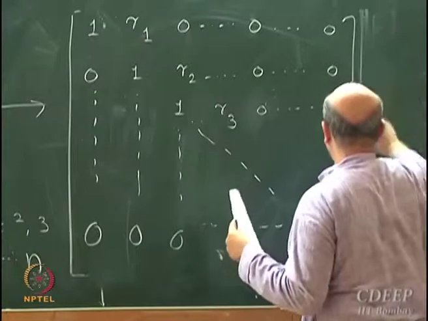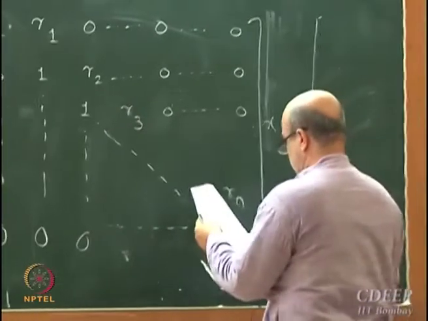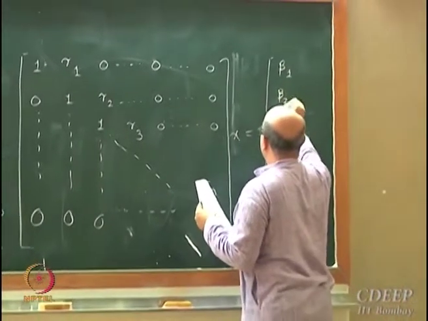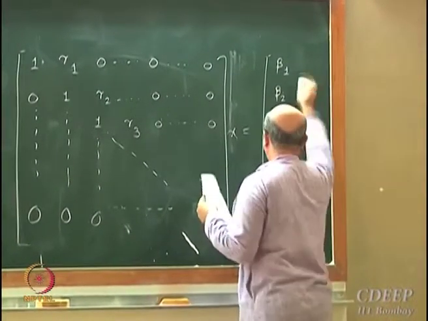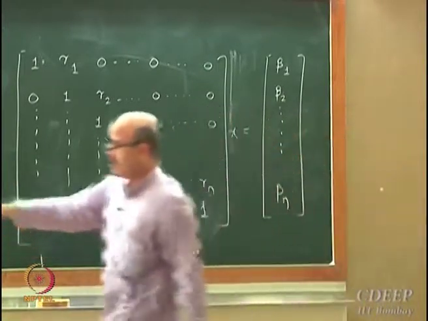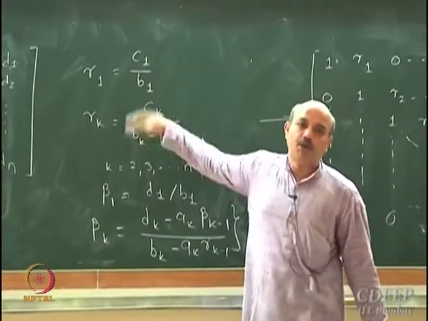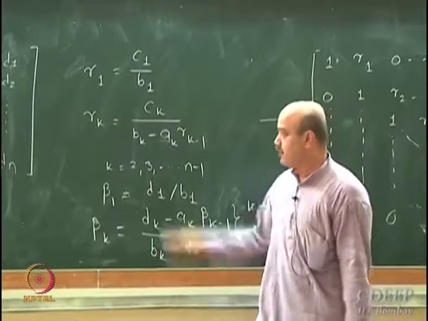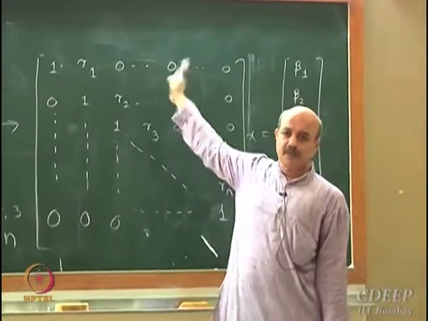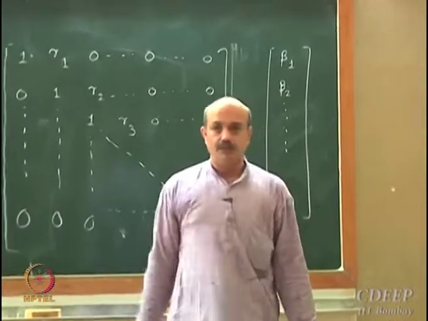Of course, you have the vector X here, and the right hand side is beta 1, beta 2, beta n. These equations written here are for computer implementation. You can put them in a for loop and just do the calculations to get this matrix. These are the steps of Gaussian elimination written in an algorithmic way so that you can put them in a computer program too.